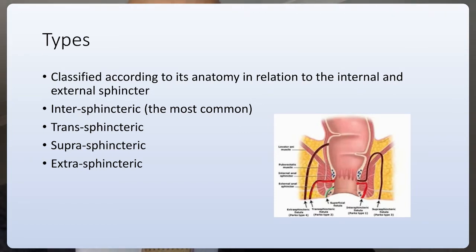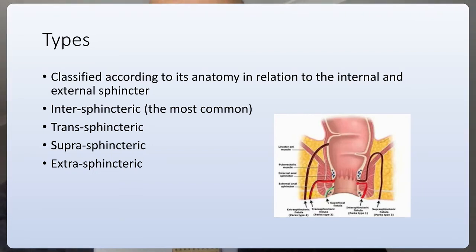Now, suprasphincteric is the tract of the fistula that evades the entire sphincter, and what happens is that usually the outer opening you find in the perianal region, and it tracks upward into the ischiorectal fossa and to the supralevator space above the actual sphincter muscle, and then back and opens into the anal canal.